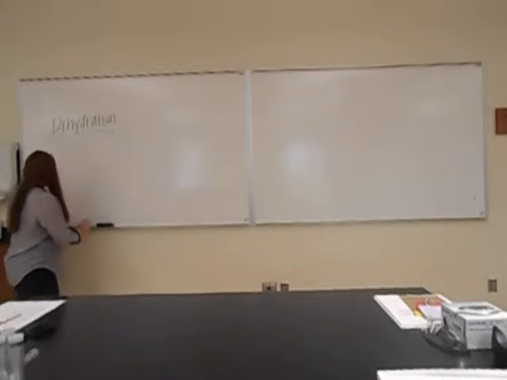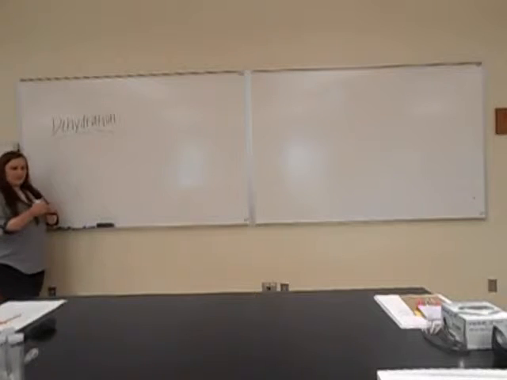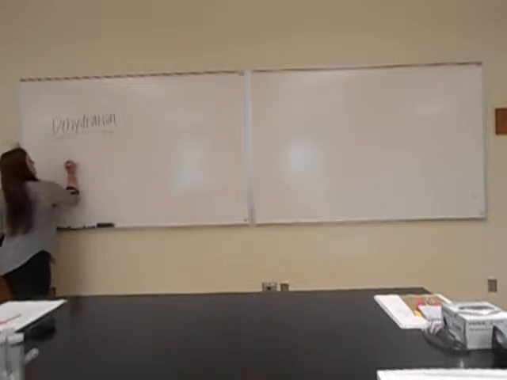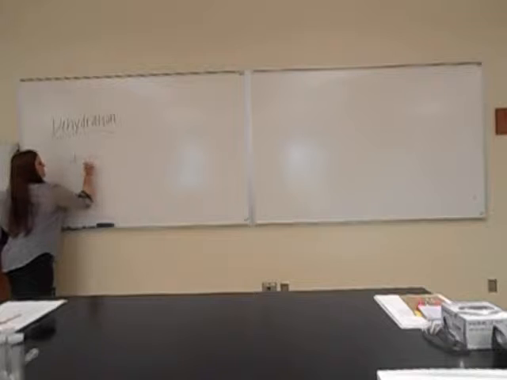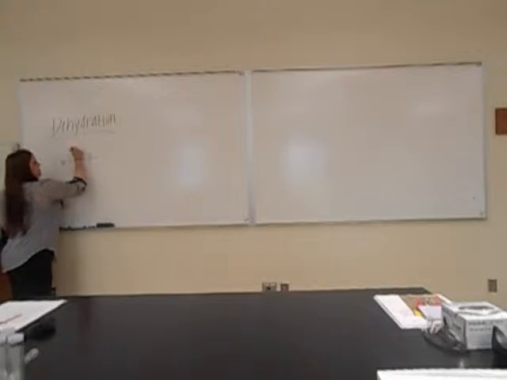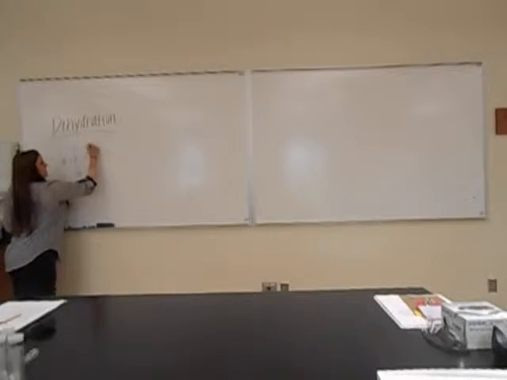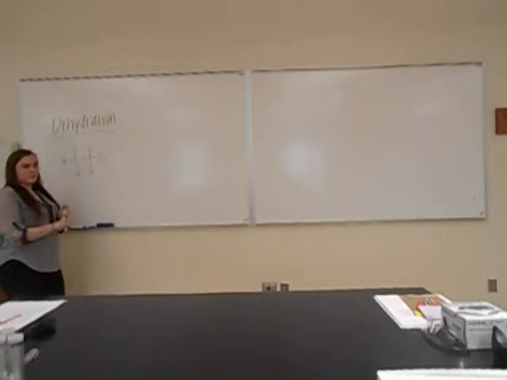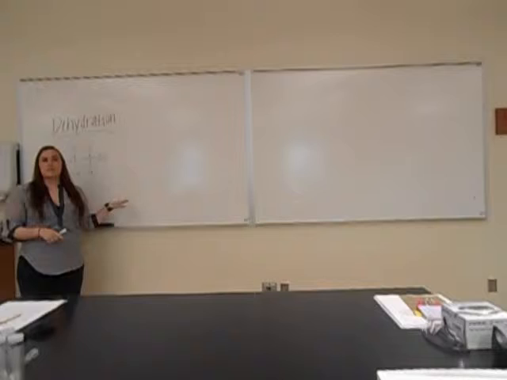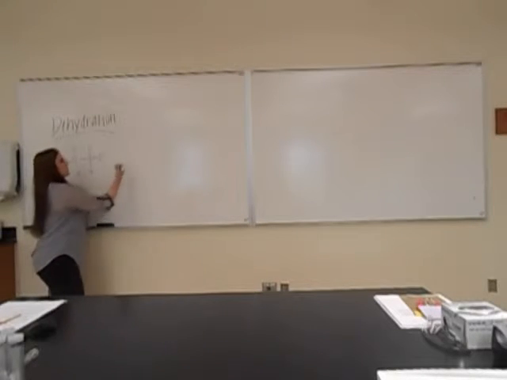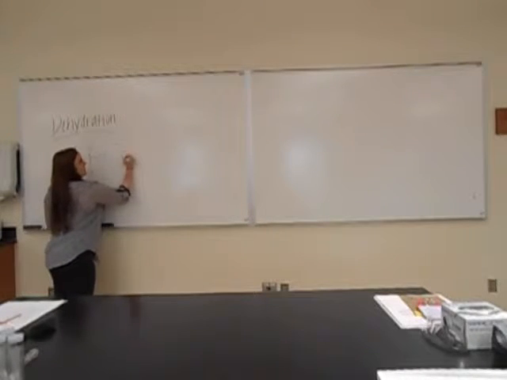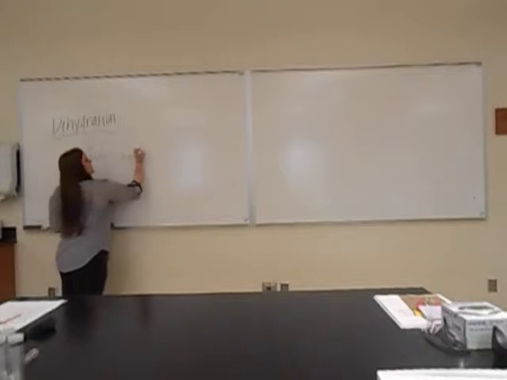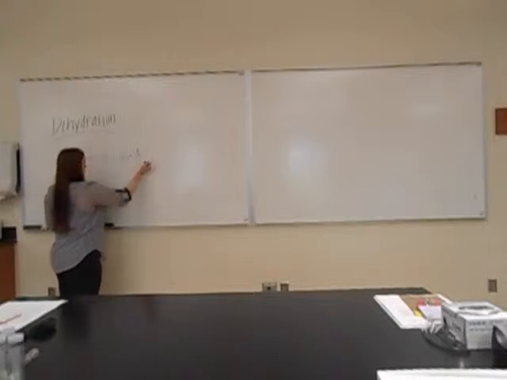So, an example mechanism would be having this molecule. And the first step is to protonate this alcohol group. So you'll react it with a molecule with a hydrogen. So this could be anything.